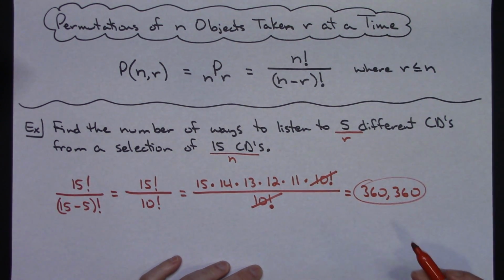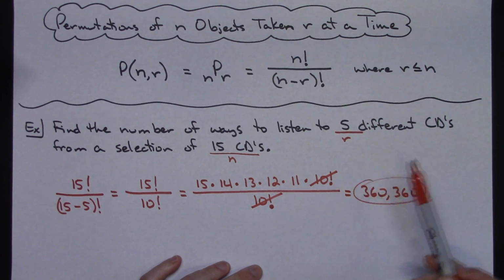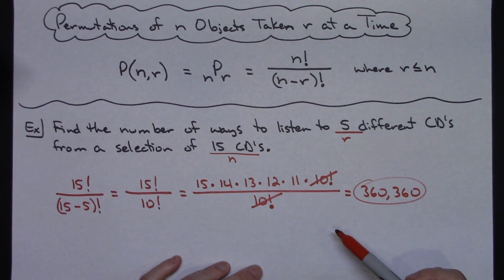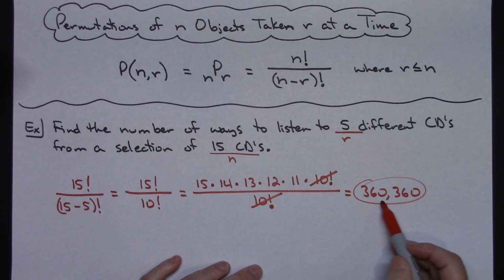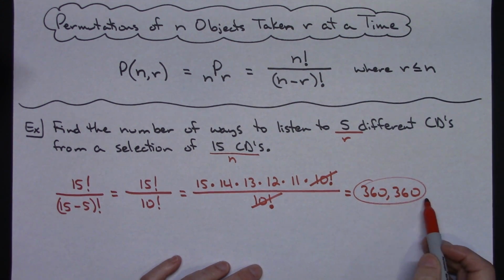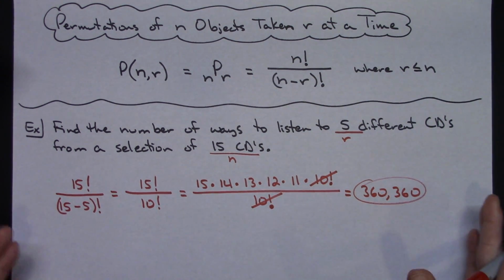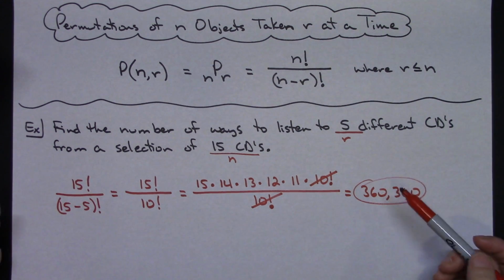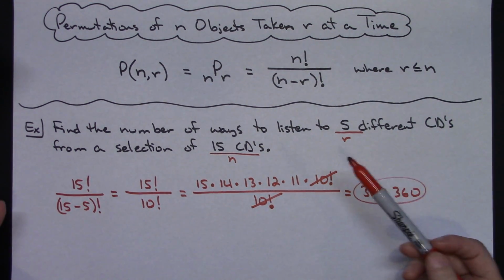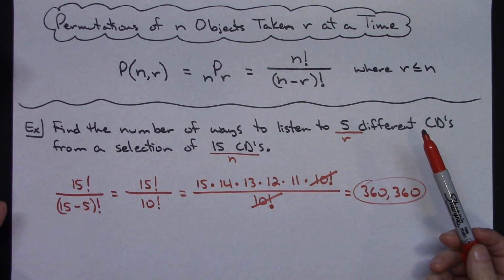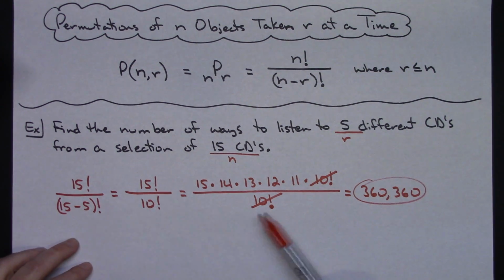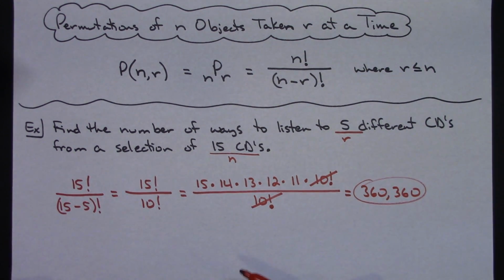So how many different ways are there to listen to 5 different CDs from a selection of 15 CDs? There's 360,360. So just one quick little example there showing you how you can do permutations of n objects taken r at a time, showing a little bit of the arithmetic so that you're doing this by hand.